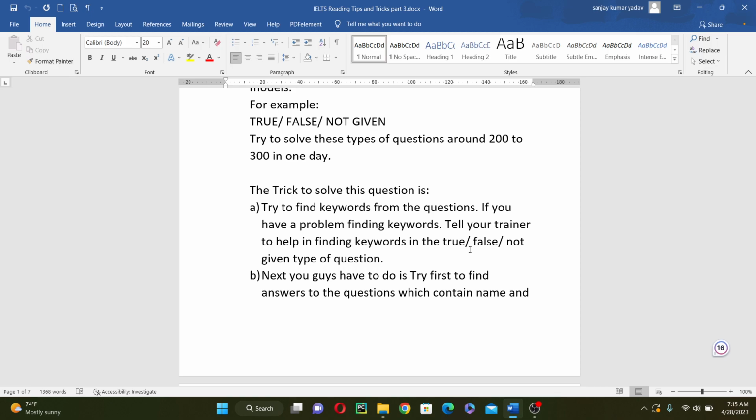When you're familiar with locating answers, it will be easy for you guys to solve true false not given questions. You do not have to study the whole passage. Just try to find the keywords. If you don't know, ask your trainers to help you in finding the keywords. I'll show you how to find the keywords.